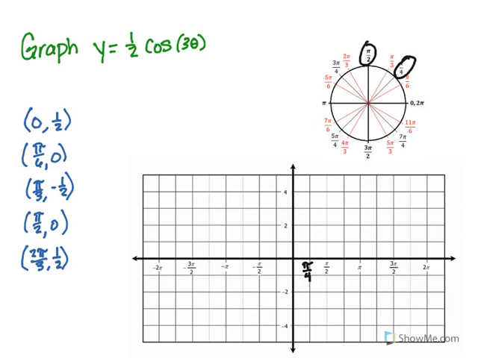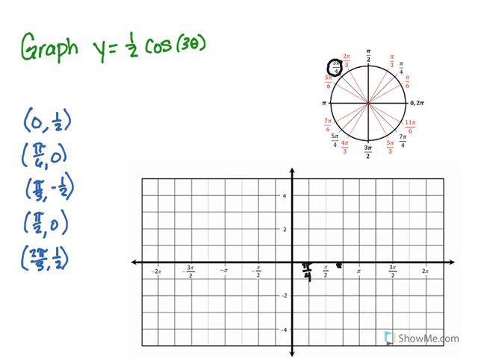If you look at the next one that we need, which is the point between pi over 2 and pi, the number that lies between those two is 3 pi over 4. So let's go ahead and label that line 3 pi over 4.